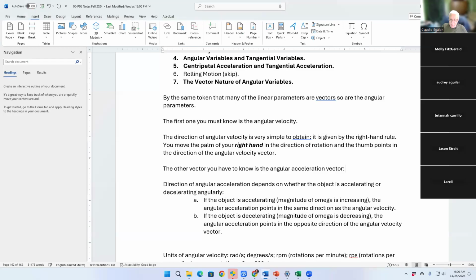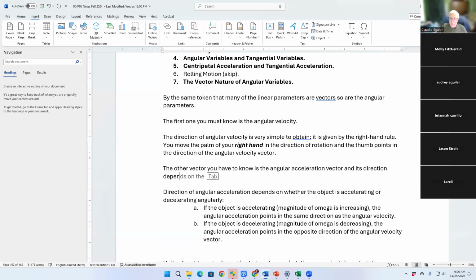Its direction depends on the direction of the angular acceleration. Depends doesn't mean it's the same, right? It depends. You want to emphasize it here. It doesn't mean it's the same.